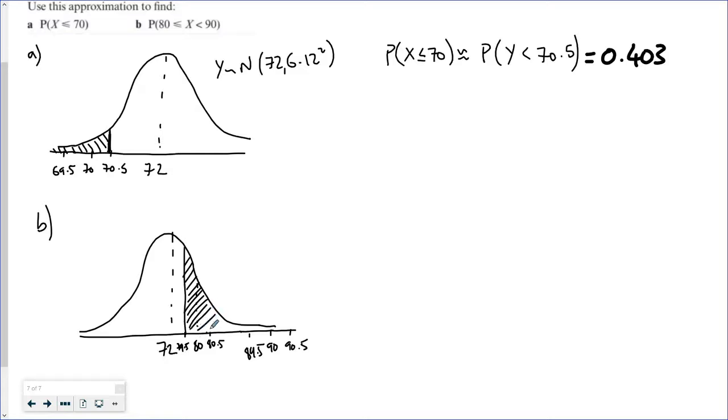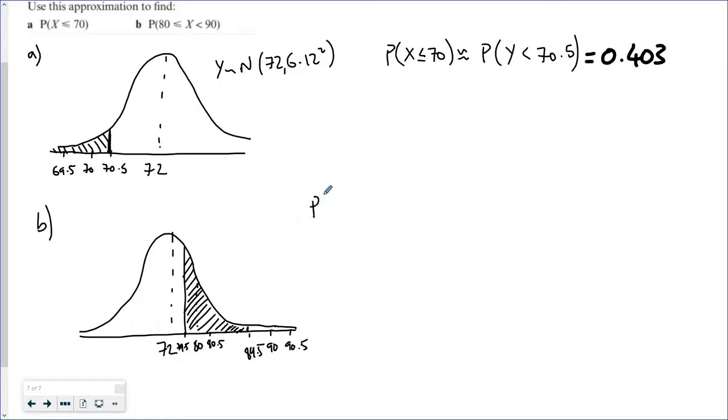And then we're going to go all the way up to, now we don't want to include 90. The 90, when we do the continuity correction, would be from 89.5 to 90.5 on the number line. So we don't want to include any of that bar. So we're just going to go up to 89.5 when we've done our continuity correction.